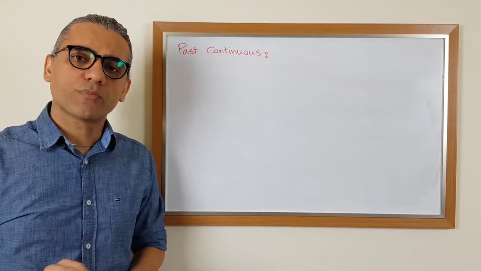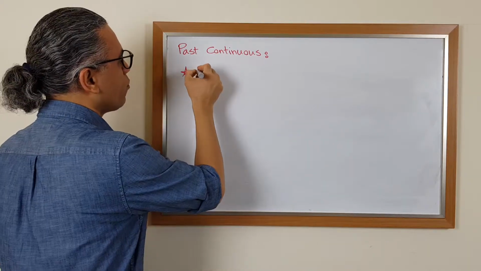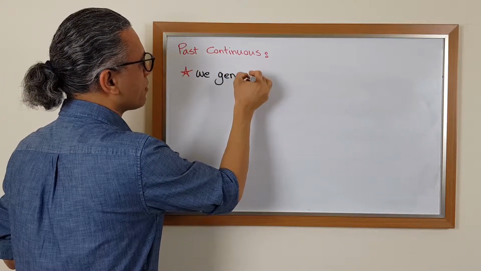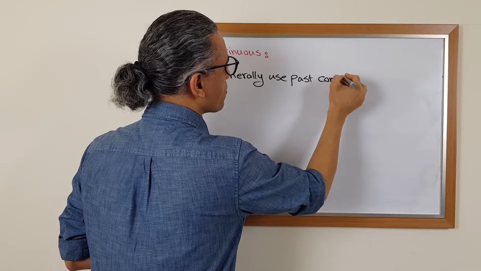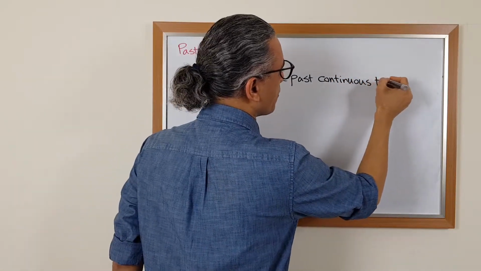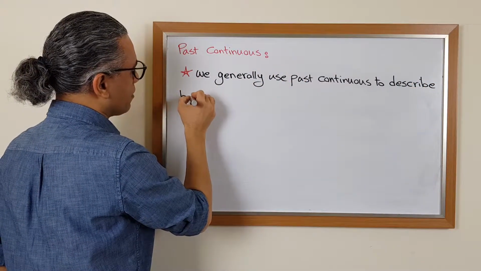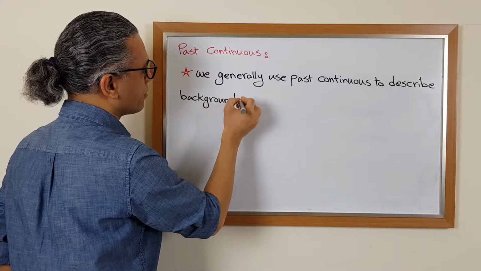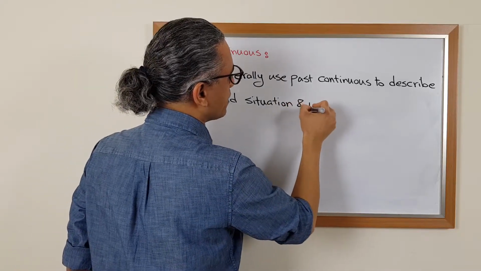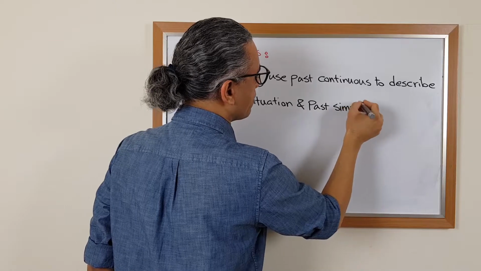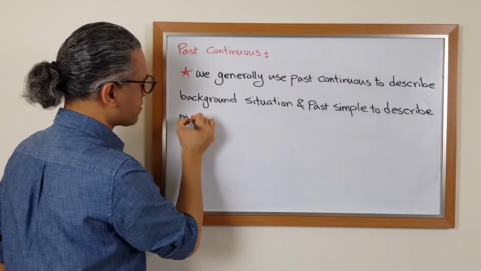Now, a very important point about past continuous in English. We generally use past continuous to describe background situation and past simple to describe main events.